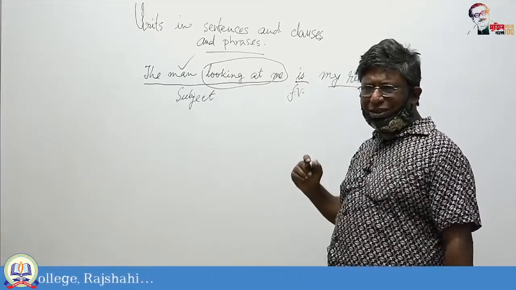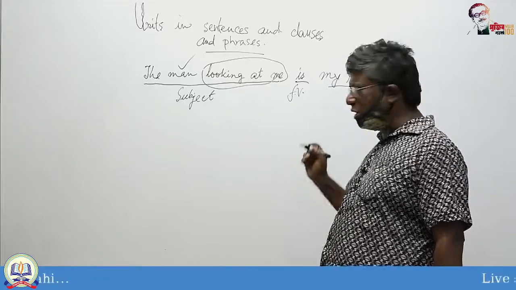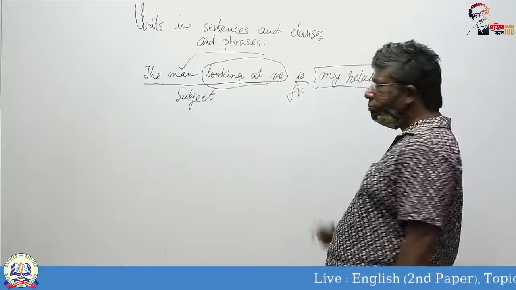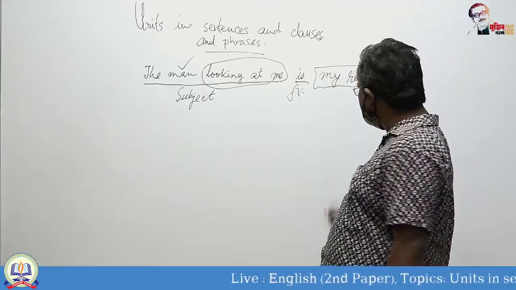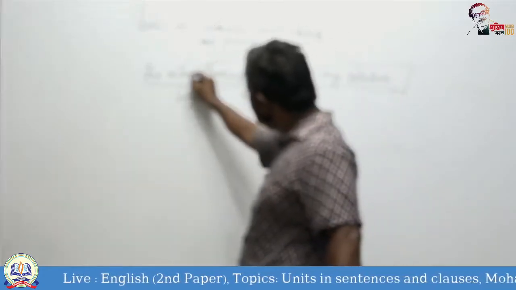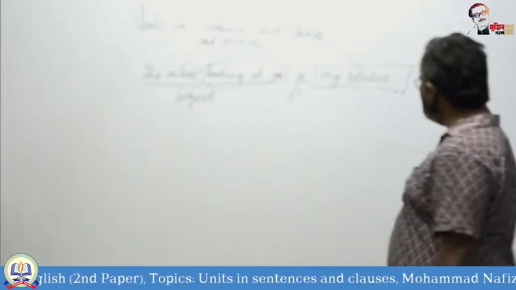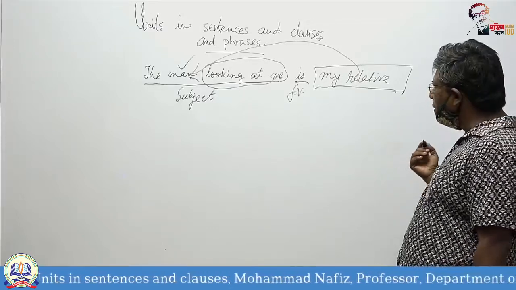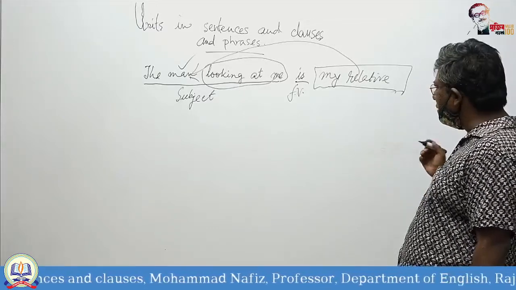Most of the students and English users in Bangladesh will call it object. This is not the object. My relative is referring to the subject, the man looking at me, rather giving the identity of the subject.